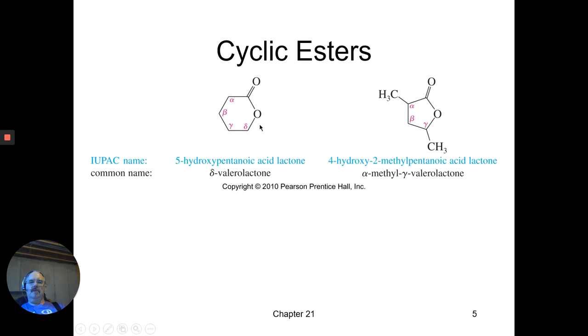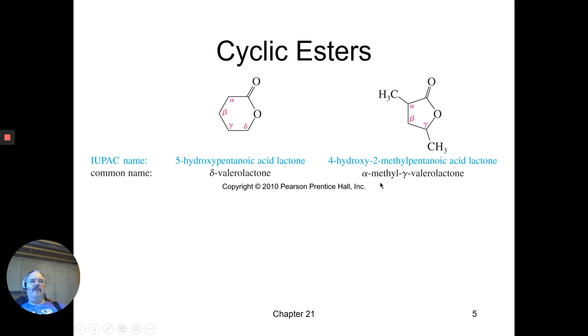So that's where the ring closes. In the IUPAC, this is 5-hydroxypentanoic acid lactone. If we were to split this, we would get 5-hydroxypentanoic acid. And to form the lactone, we would split out water and form the ring.